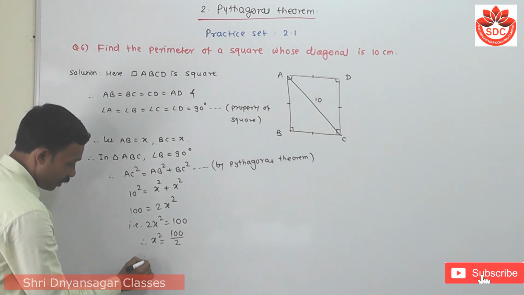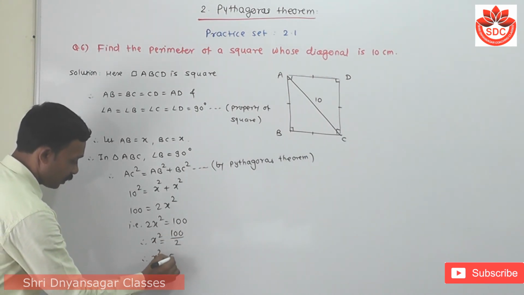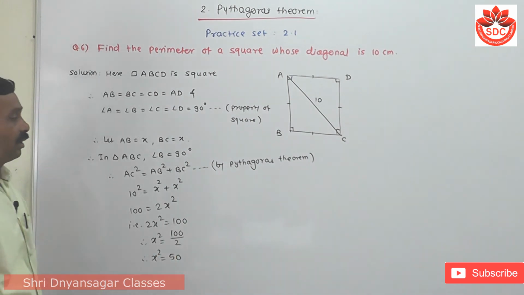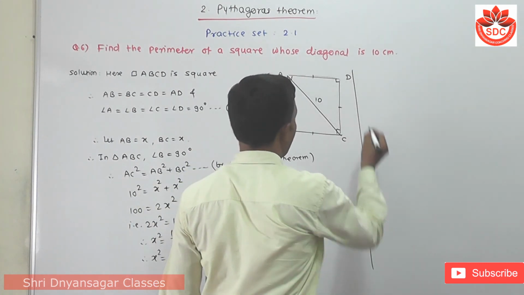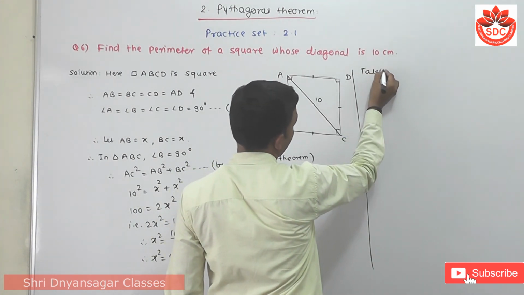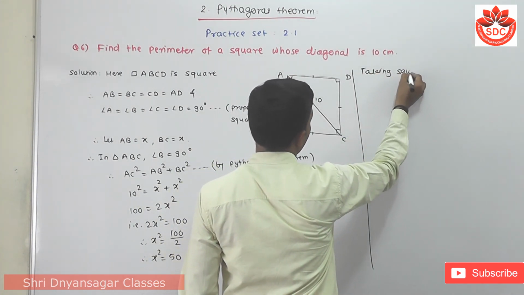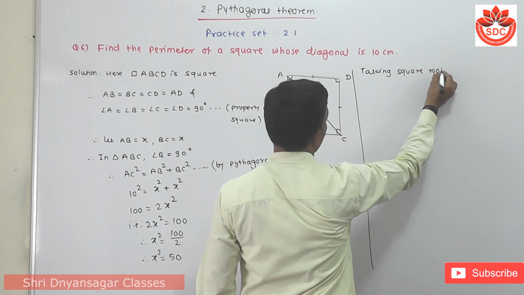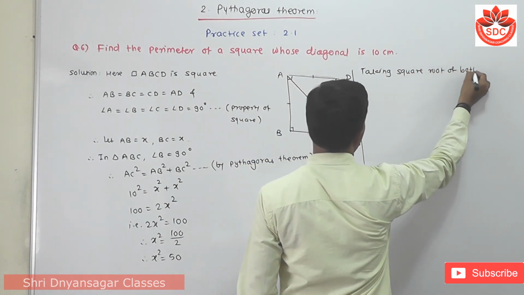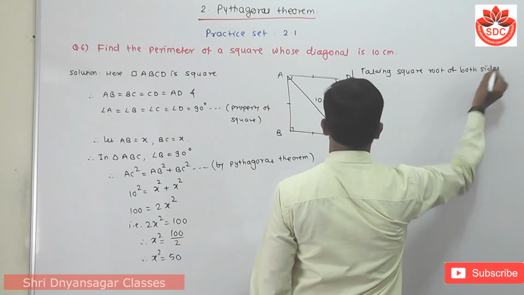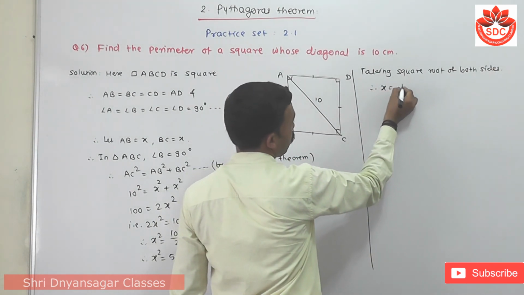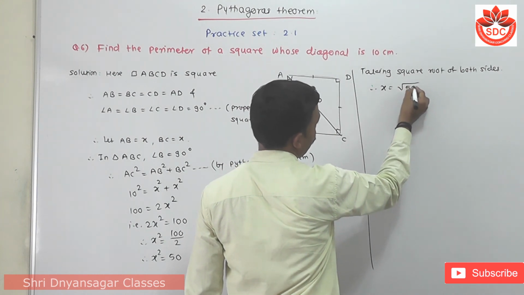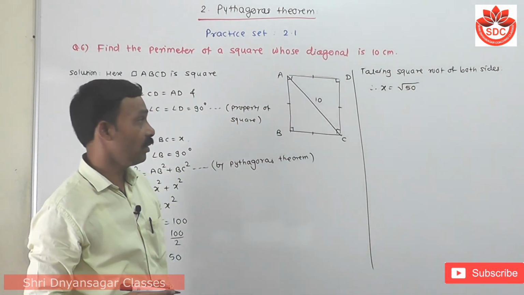Means that x square is equal to how much? 50. Now we can take its square root, so taking the square root of both sides. Now x is equal to the square root of 50, which we cannot find directly, so write it in the symbol root of 50.